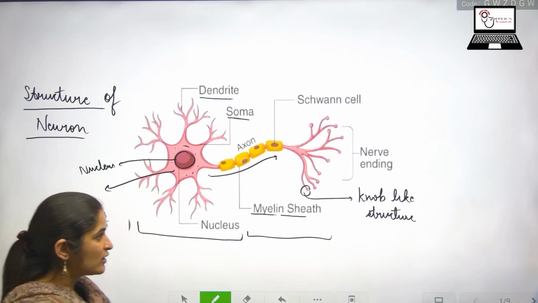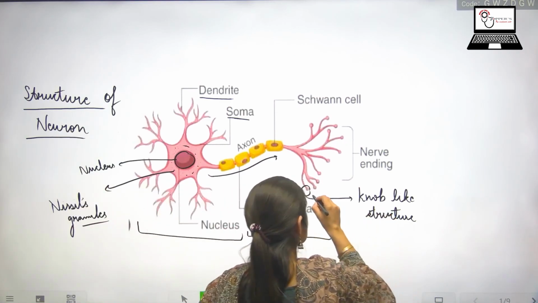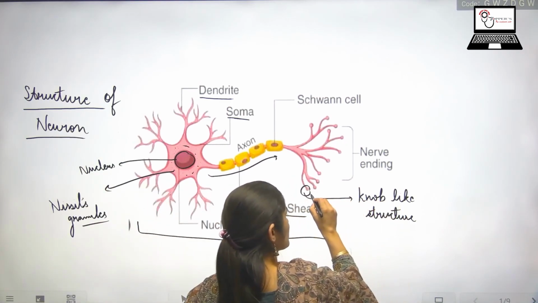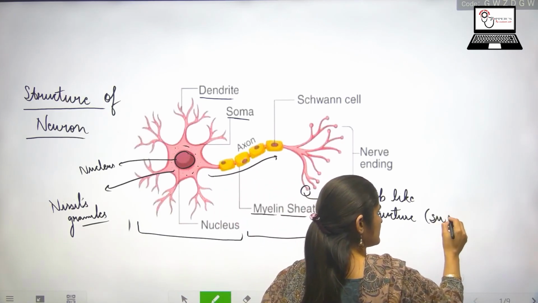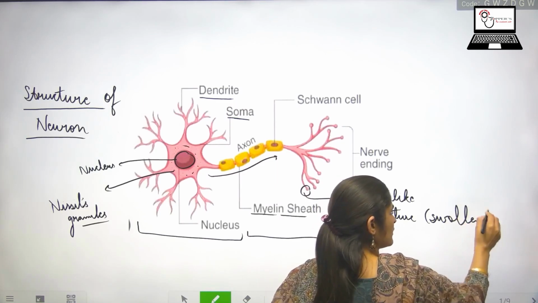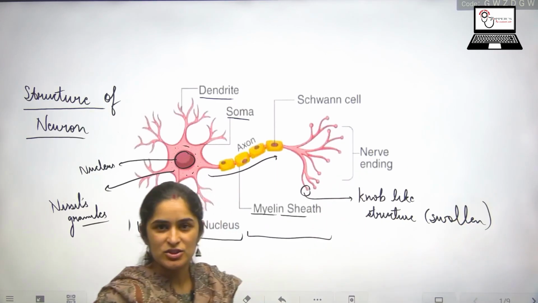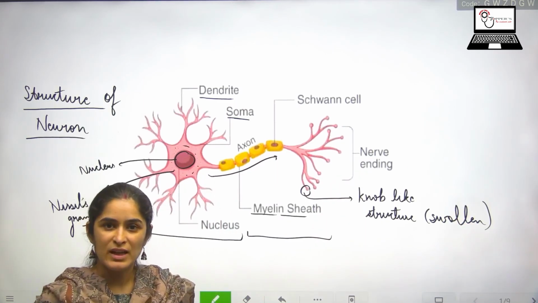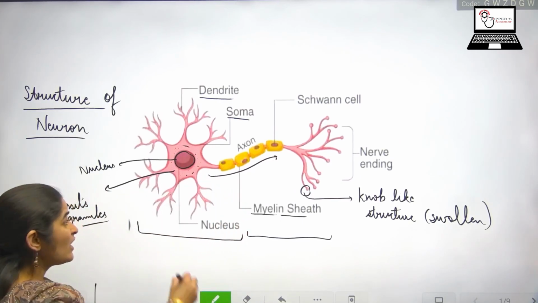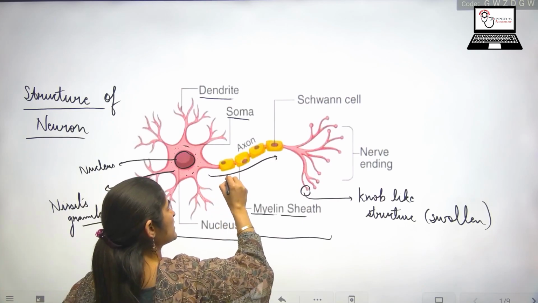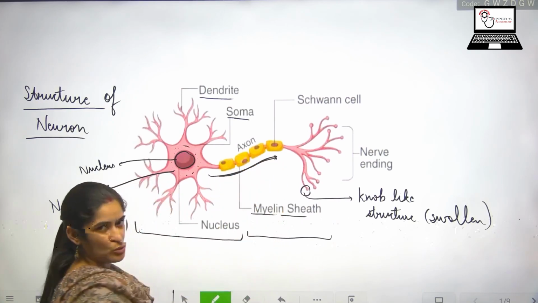Got it? This nerve ending, or knob-like swollen structure, will form the synapse, and the electrical impulse will be generated in the axon.